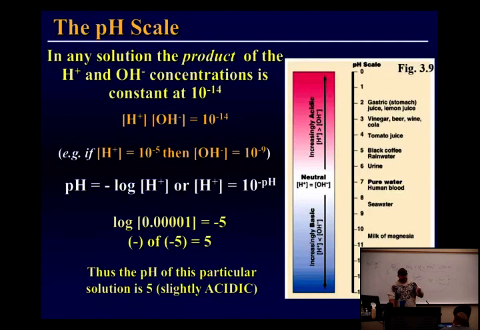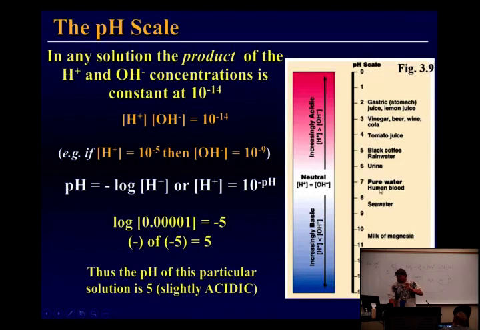How many more hydrogen ions are in a pH of 2 versus a pH of 4? Because remember, pH is based on powers of 10. So it's 10 to the second power, which is 10 times 10 is 100. So there's 100 times more hydrogen ions in your stomach than in tomato juice.